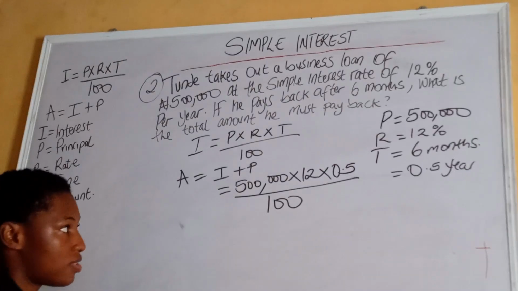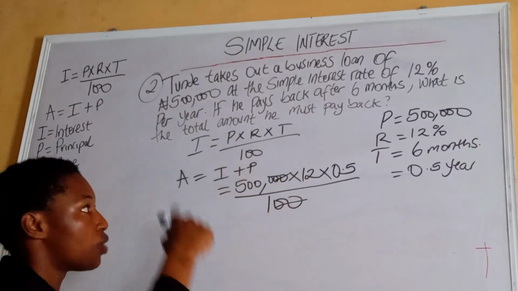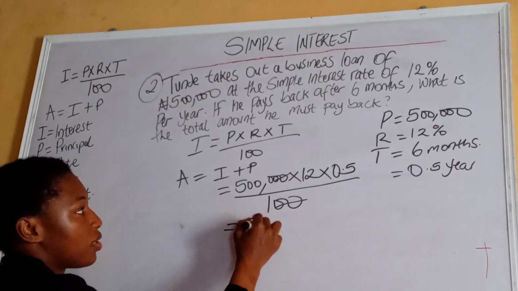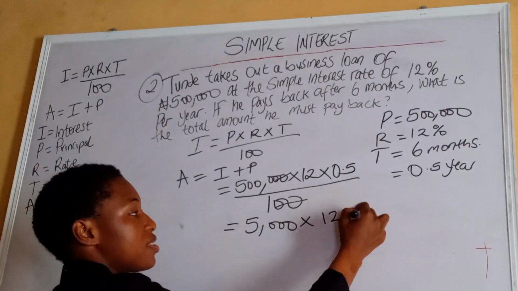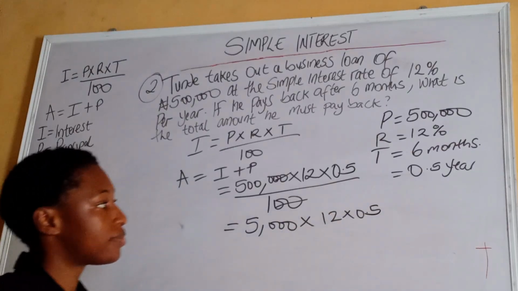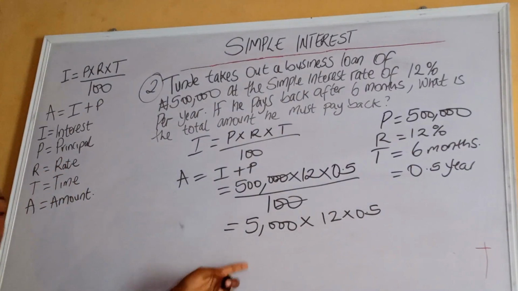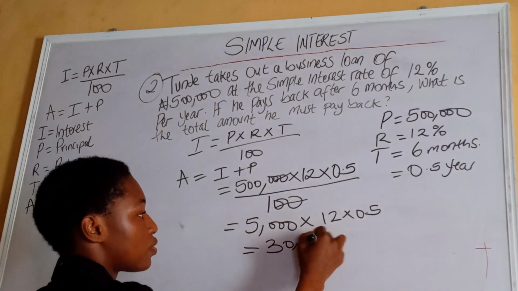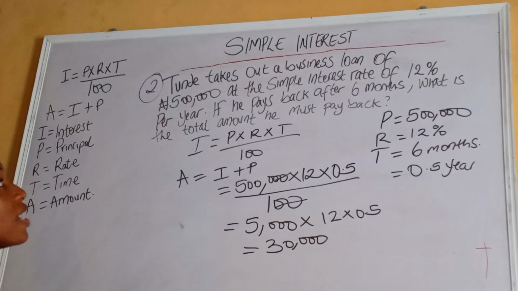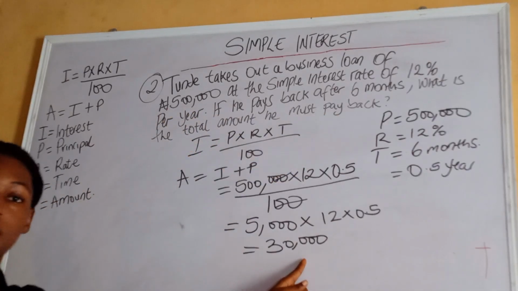First things first, I will cancel out the 100 against the 500,000 and I'm left with 5,000 times 12 times 0.5. 12 times 0.5 is 6, and 5 times 6 is 30. So my final answer is going to be 30,000. So the interest that Tunde will get is going to be 30,000.